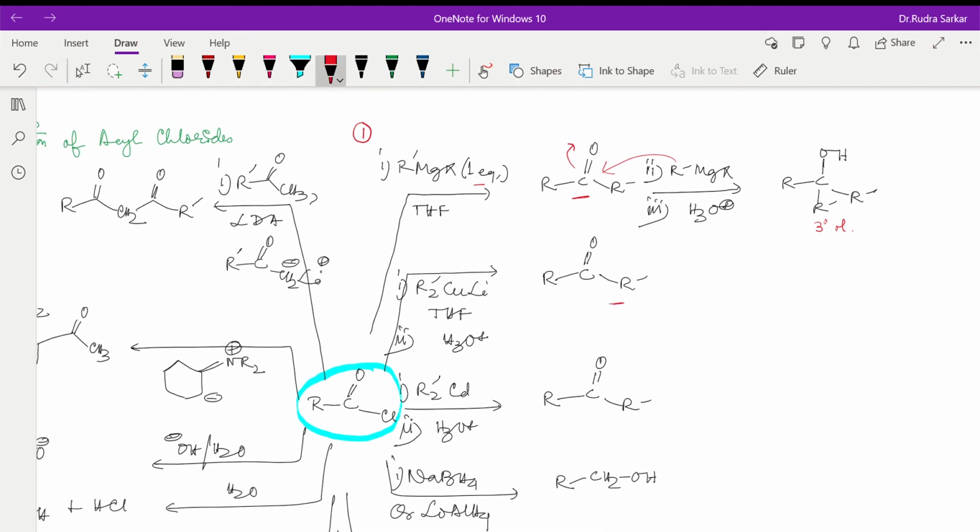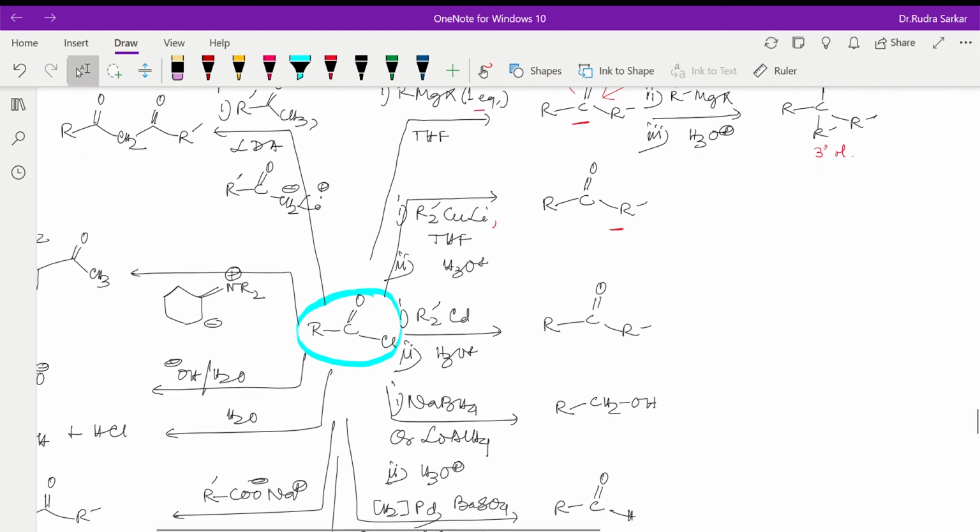However, if you want to stop the reaction cleanly at the ketone, you use a softer organometallic reagent, R2CuLi in the presence of THF, followed by acidic workup to give you the ketone. A similar reagent doing the same job is R2Cd, which is organocadmium, and you also get the ketone.